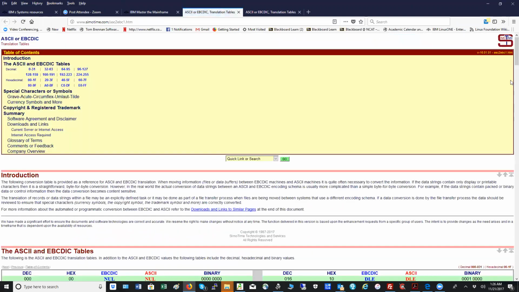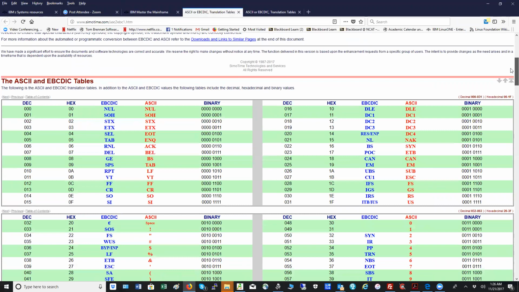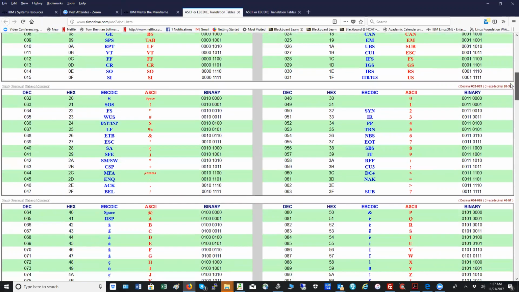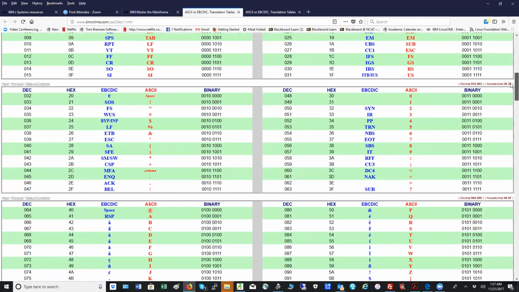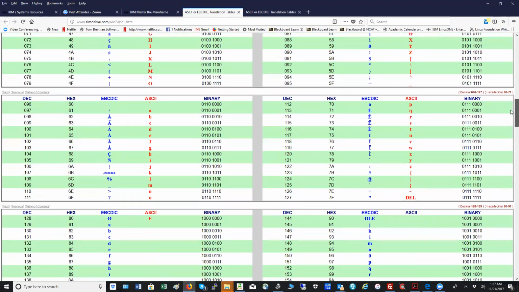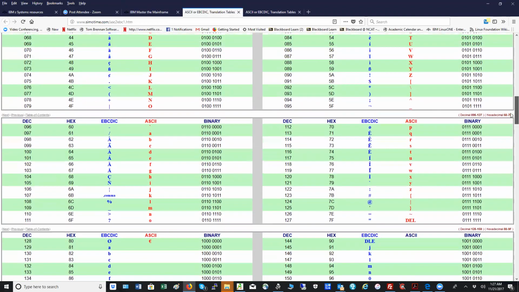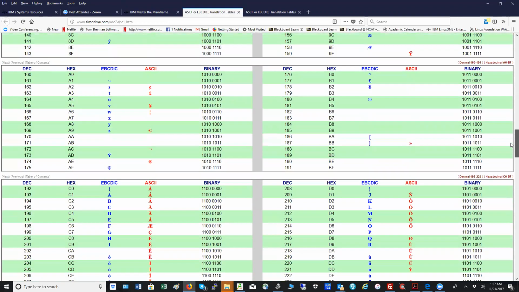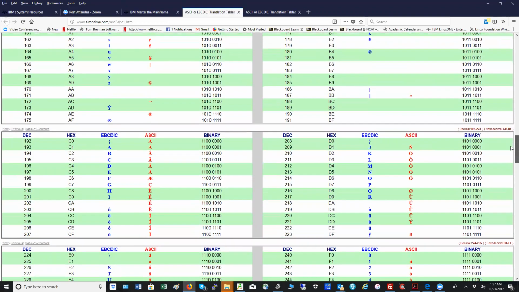What you have to do is go in this table and find the hex numbers. You find capital I, and I'll give you the first one, and the other 2 you come up with yourself.